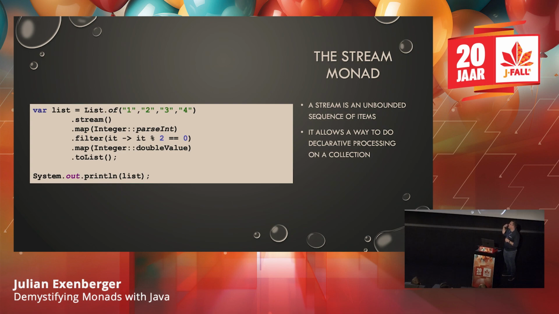And I can then take the stream as an abstraction, and I can apply a set of declarative transformational computations on the items that are coming from the stream. Okay, so in my example here, I basically have a list of string integers, convert them to integers, filter them out if they're not even, and then convert them to doubles, and finally I extracted my yield function. In this case it is a toList.